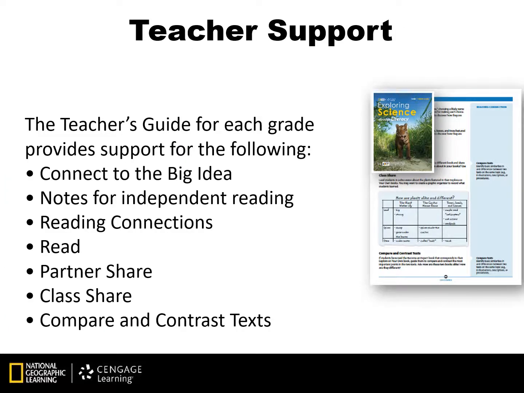The teacher's guide also will provide support for all 3 of the independent reading book titles. You'll find teacher support for connecting to those core ideas, helping students make connections in their reading, and even instruction for comparing and contrasting texts.